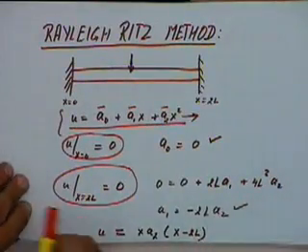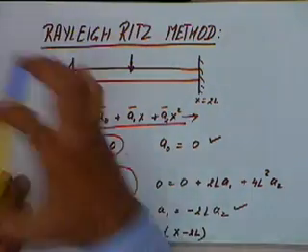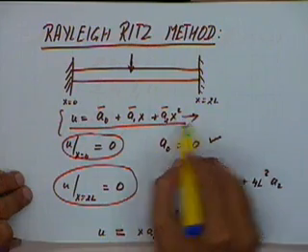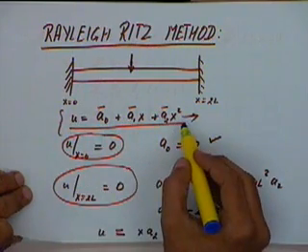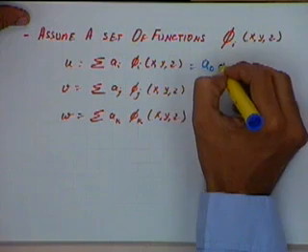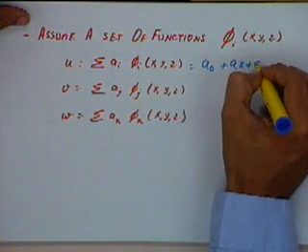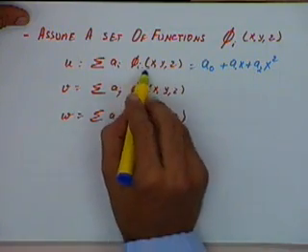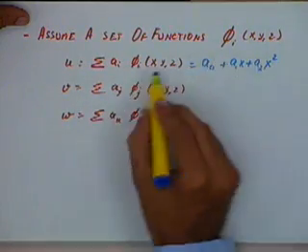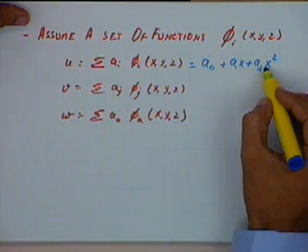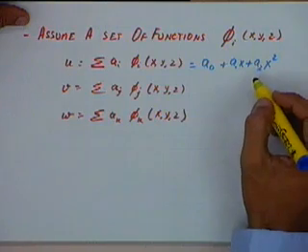For instance, in this case, I have assumed that u is given by this expression. In this expression, we have a0 plus a1x plus a2x squared, which is the same as this. So my phi 1 is 1, phi 2 is x and phi 3 is x squared.